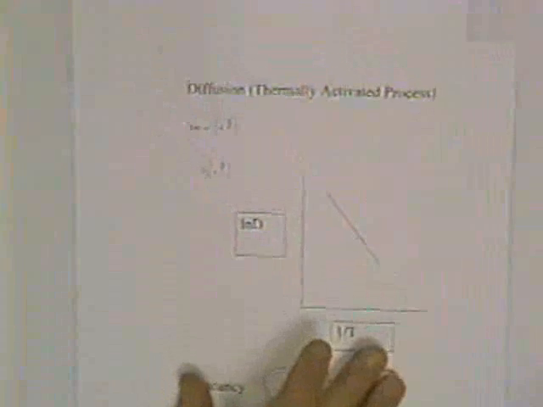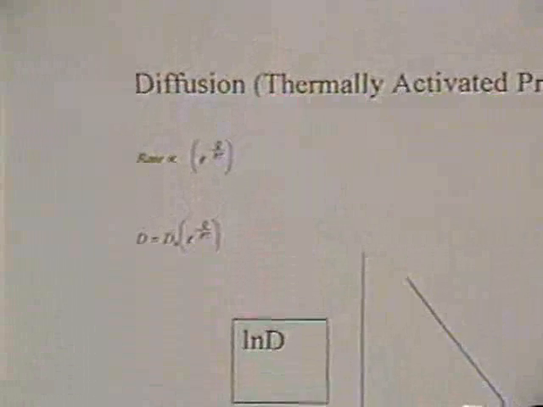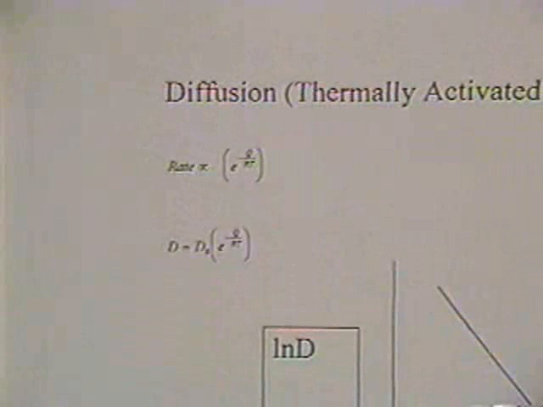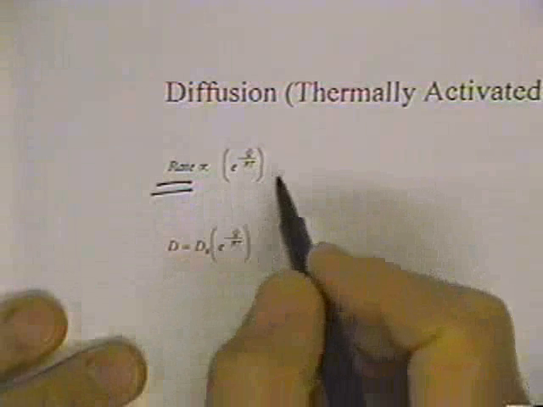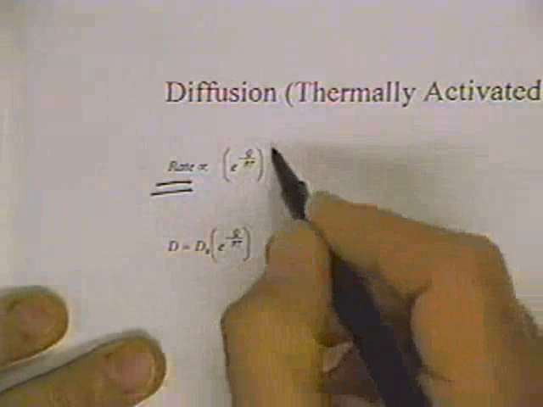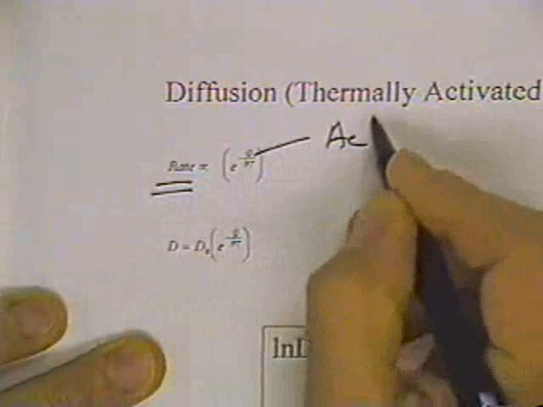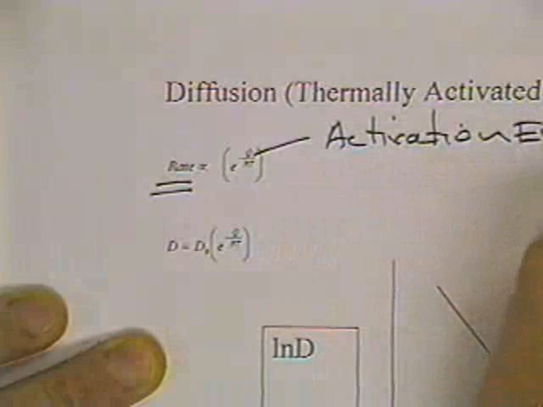And I'd like to make a couple of comments. If we could go to the screen and enlarge it a little bit there, and talk a little bit about a thermally activated process. When a process is thermally activated, it suggests that it follows a Boltzmann's distribution, and it says that the rate is proportional to A e to the minus Q over RT, where Q here is called the activation energy.